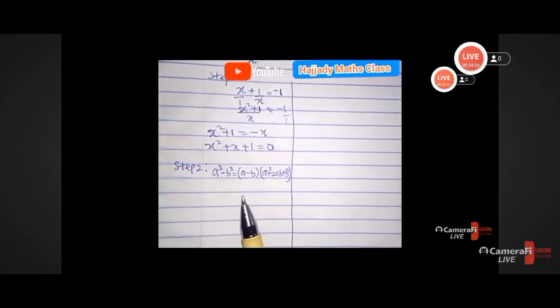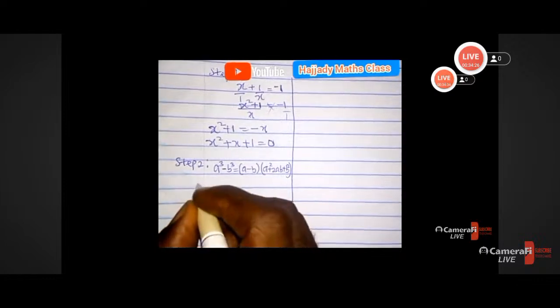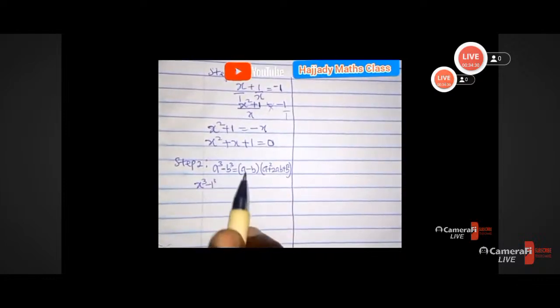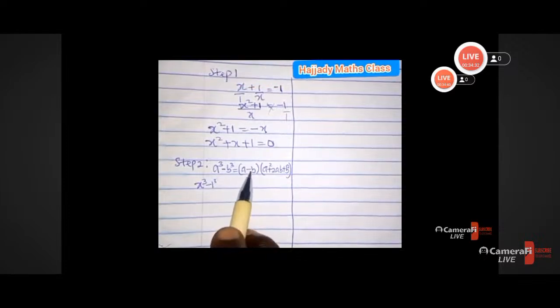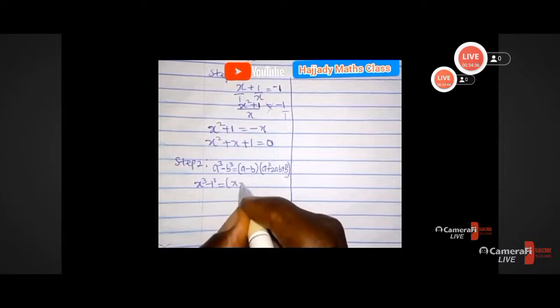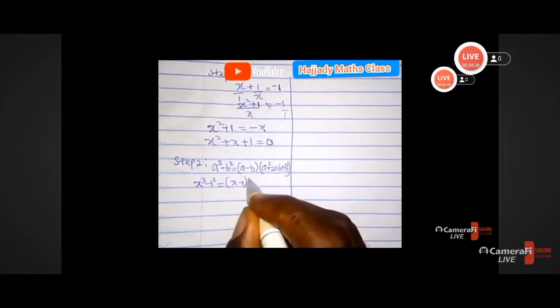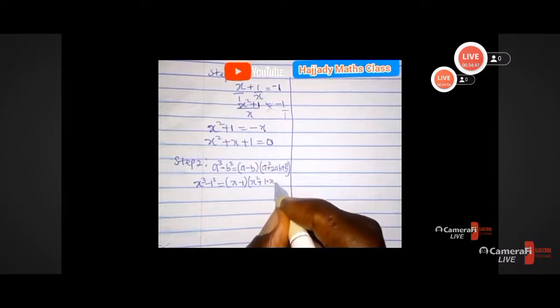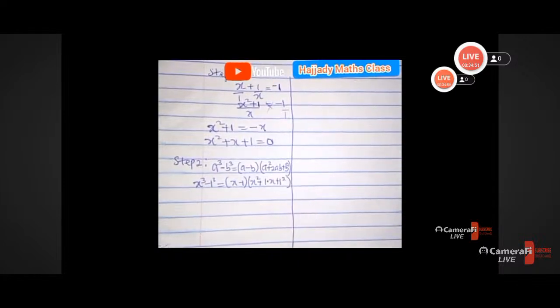So now using this equation to form this, given that we have x cube minus 1 cube, comparing it with this, we are going to have what? x minus 1 into bracket x squared plus 1 times x plus 1 squared.